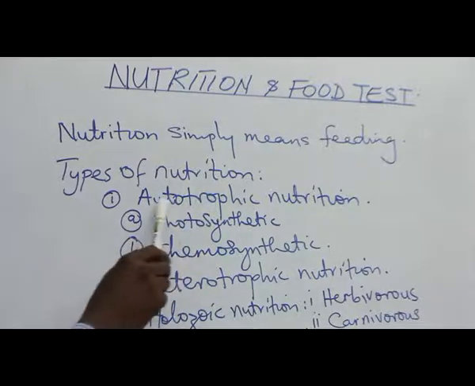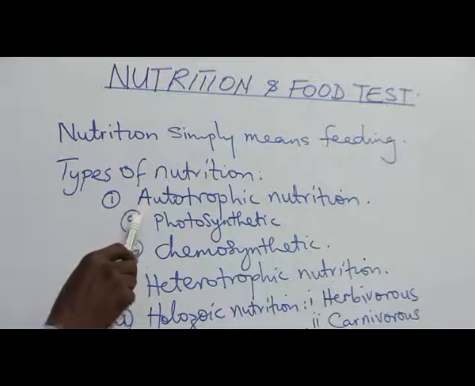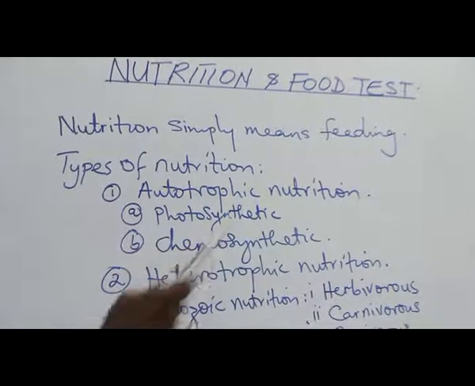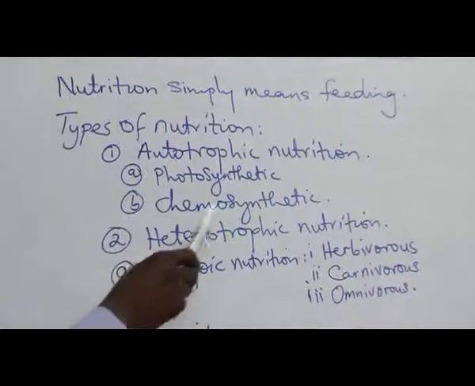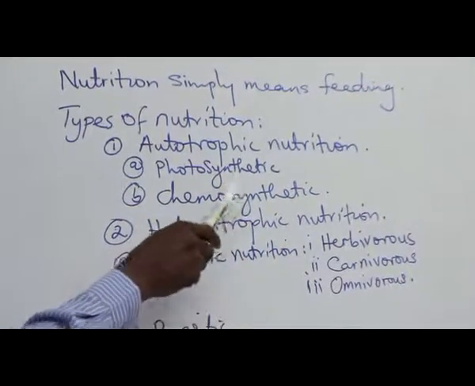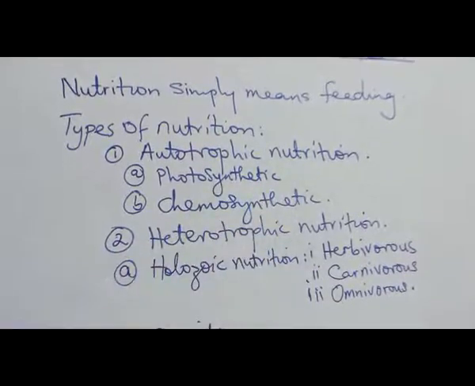Autotrophic nutrition means feeding on self-made food. It involves A, photosynthetic nutrition, in which the organism uses solar energy in making the food, and B, chemosynthetic nutrition. The organism here makes use of chemical energy in synthesizing the food.